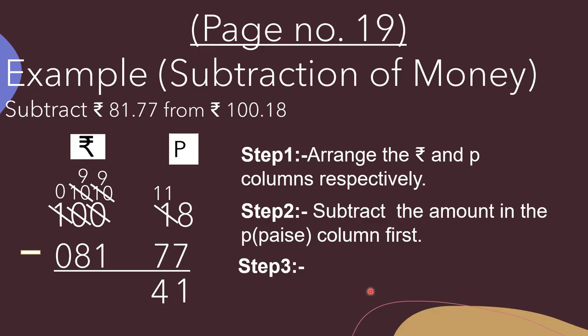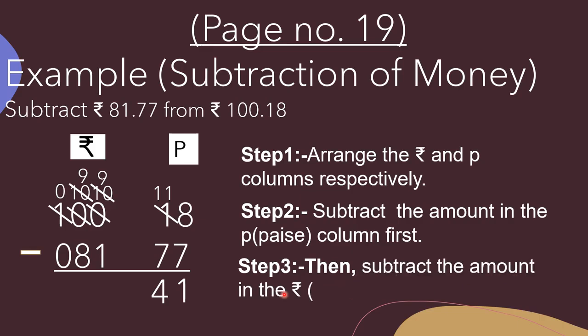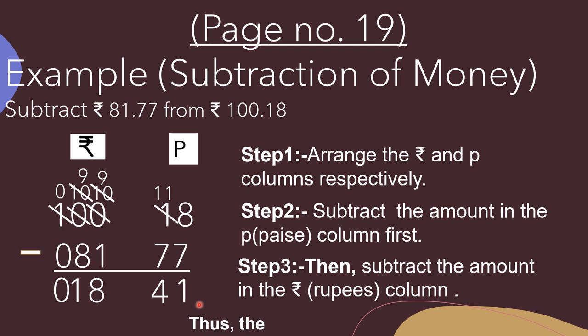Now step number 3 is to subtract the amount in the rupees column. So here 9 minus 1, that is equal to 8. 9 minus 8, that is equal to 1, and 0 minus 0, that is equal to 0. So what is the answer? That is 18 rupees 41 paise. So we will write the answer.